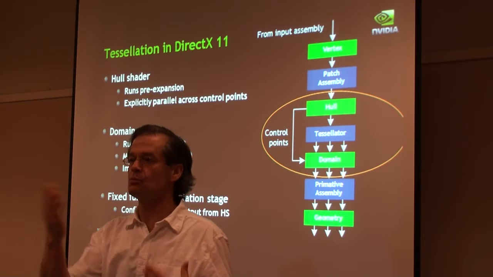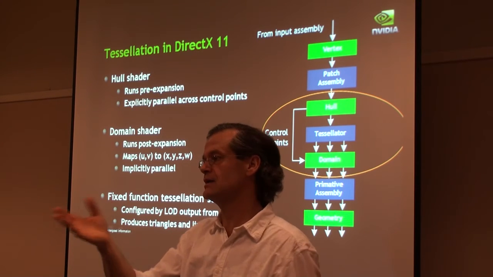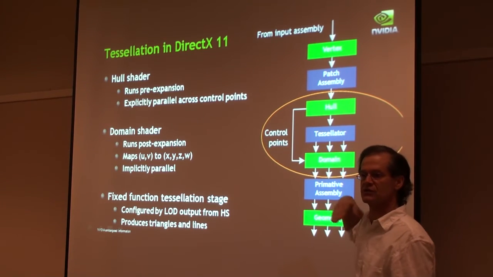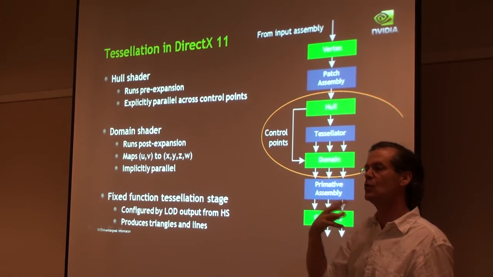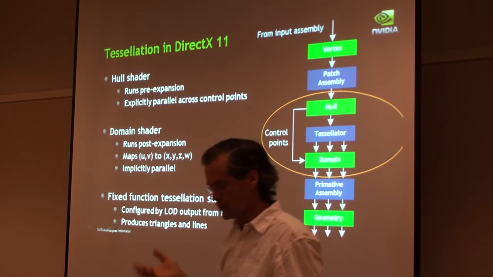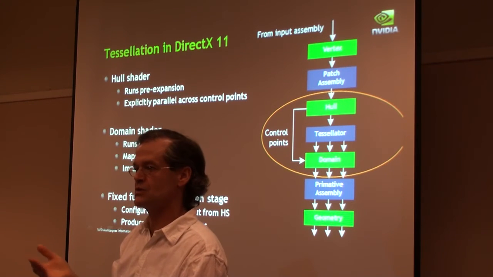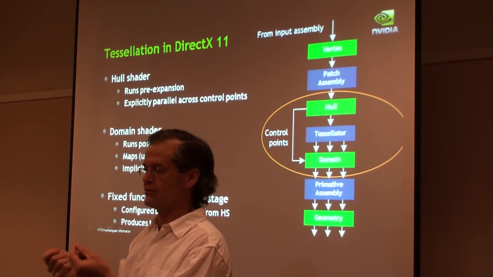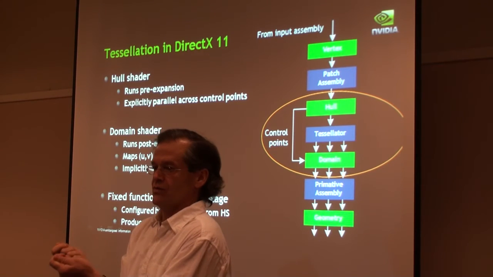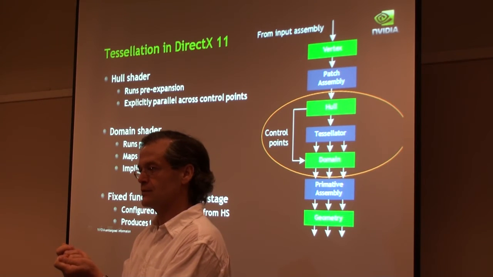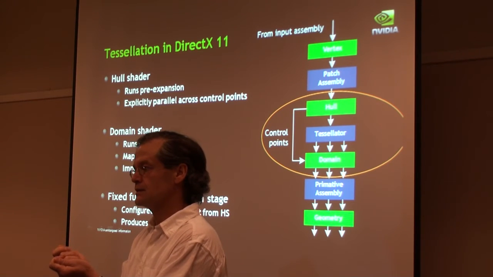But I think the point that you bring up, which I didn't stress enough, is that there are no assumptions in the API about how the surface is represented. The only thing the API stipulates is that it's some kind of parametric representation, which means a pair of parametric coordinates come in, a u and a v, and you use that to decide how to evaluate the thing. So, anything else? Okay.